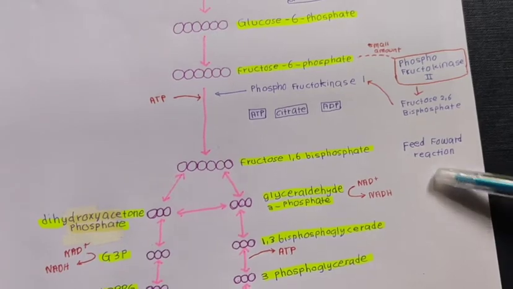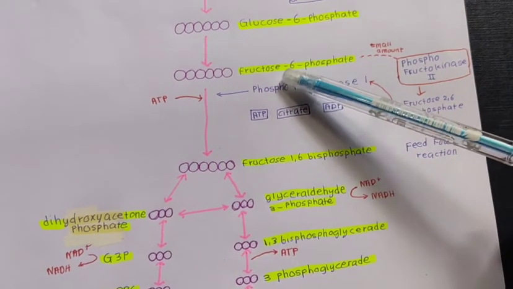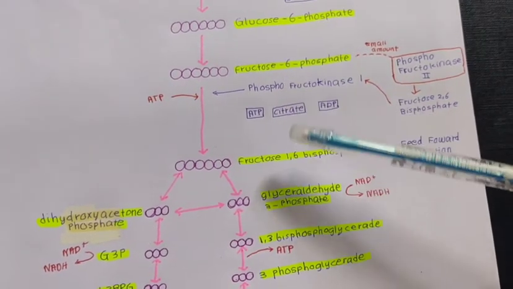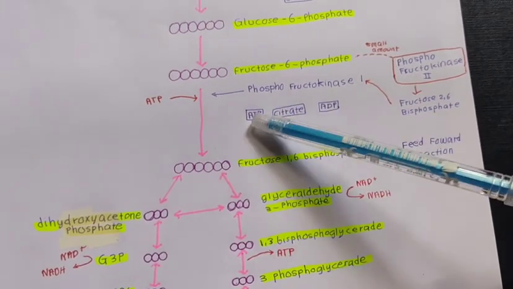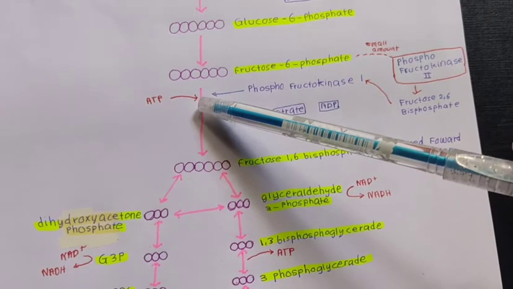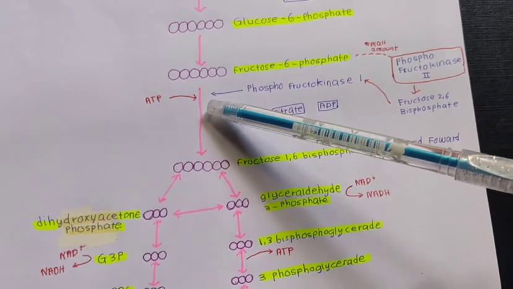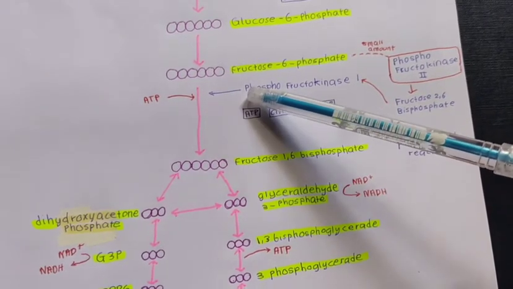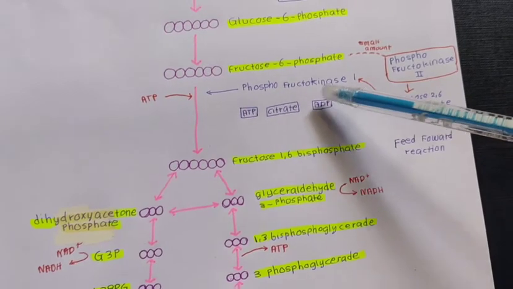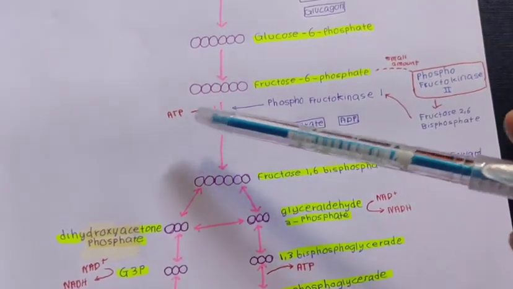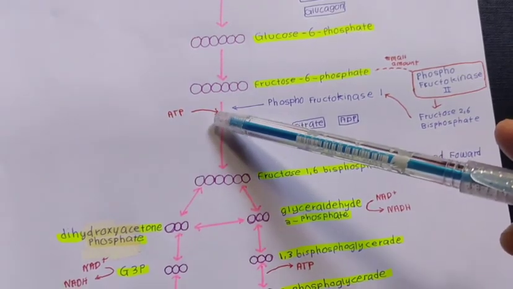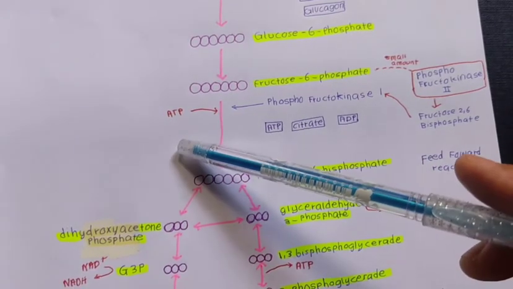We move to the next step, that is when fructose-6-phosphate was converted into fructose 1,6 bisphosphate. Here, the ATP also was added into this process, and the enzyme used in this process is phosphofructokinase type 1. We already know that ATP was added into this process and converted into ADP.